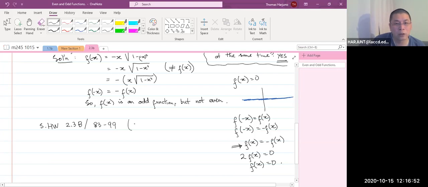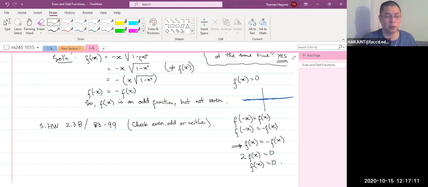Just check even, odd, neither. That's all you need to know from this 2.3 further. Now let's go on to 2.4.